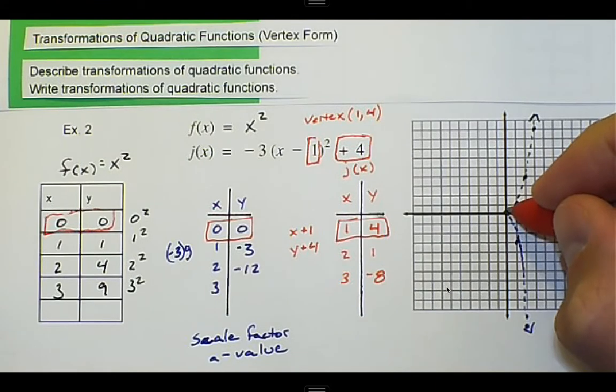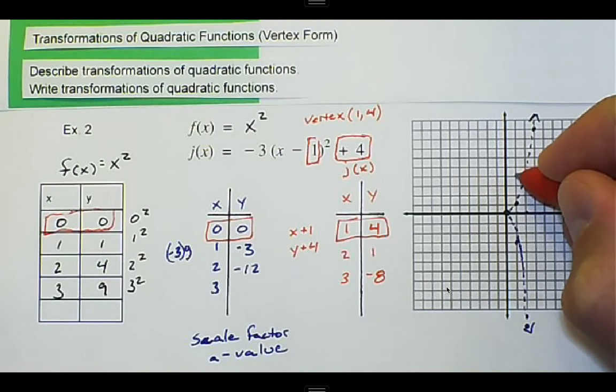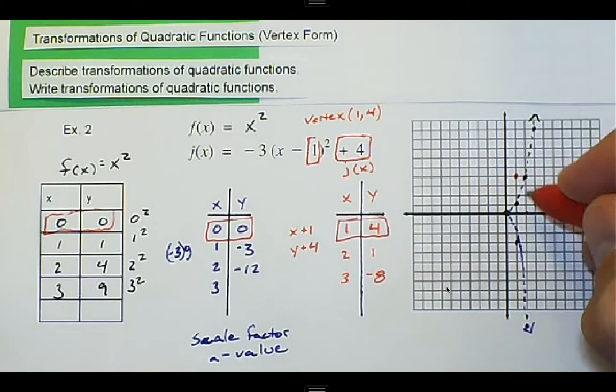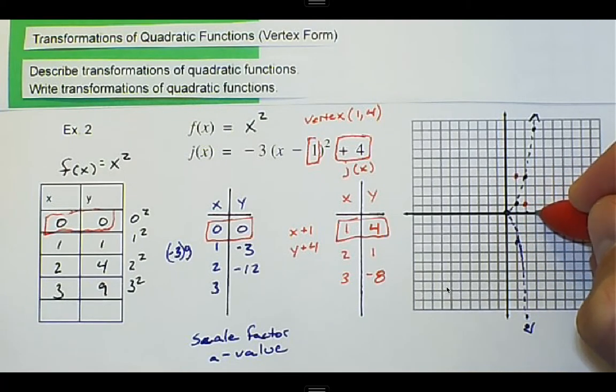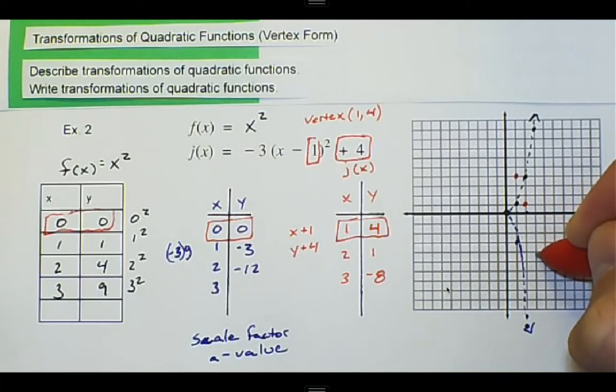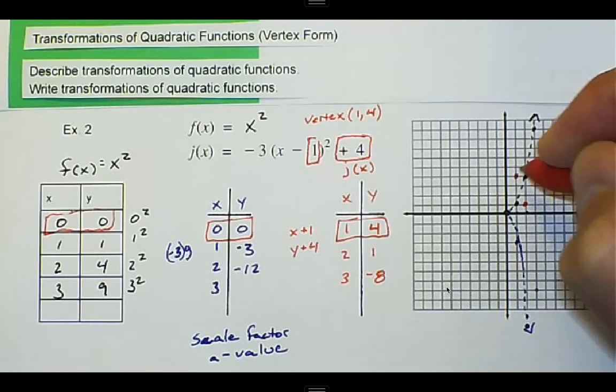So over 1, up 4. Over 2, up 1. And over 3, down 8. So there we have that.